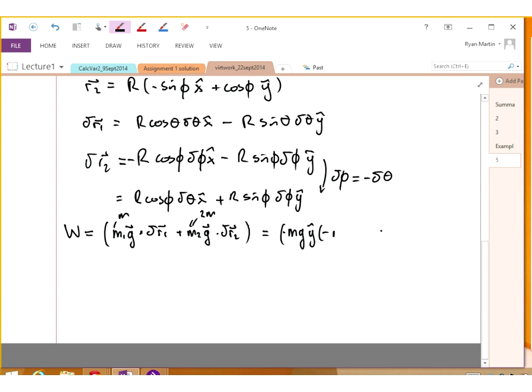And that's dotted with the delta R1 in the y direction, which is minus R sine theta delta theta y hat.